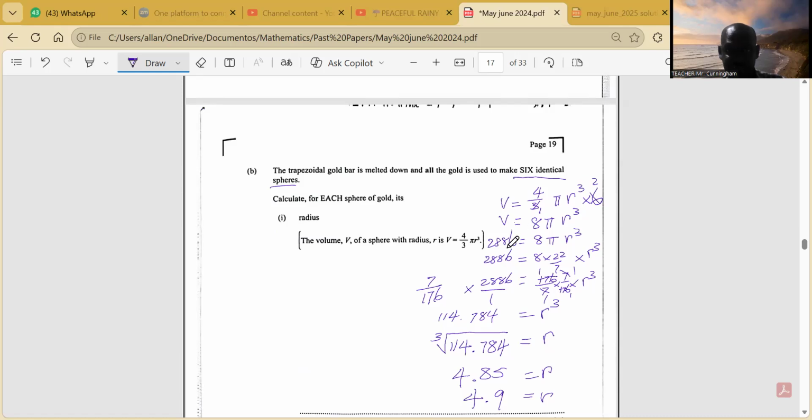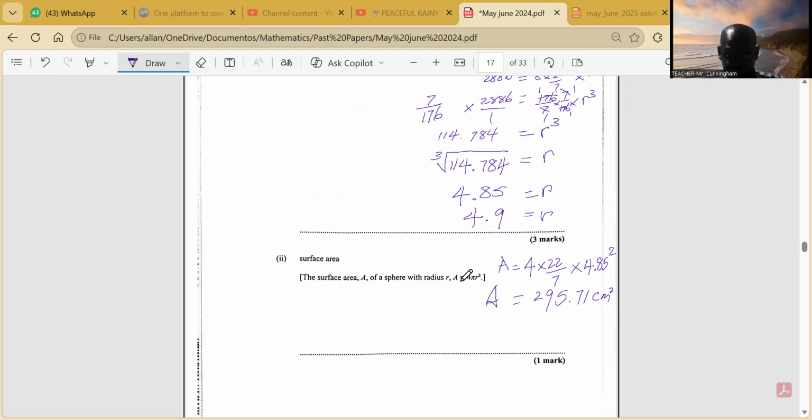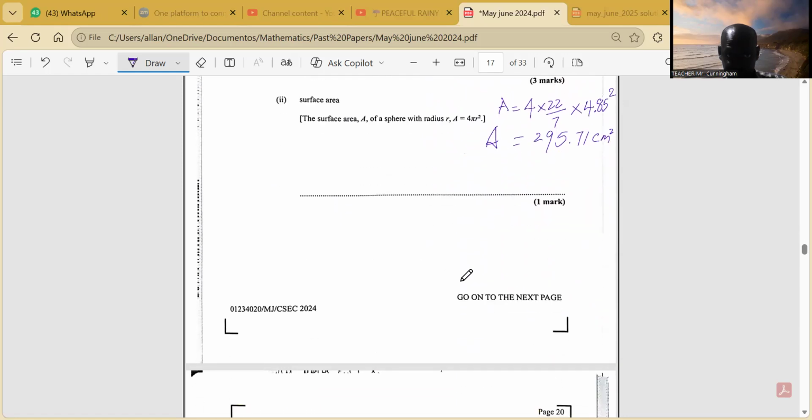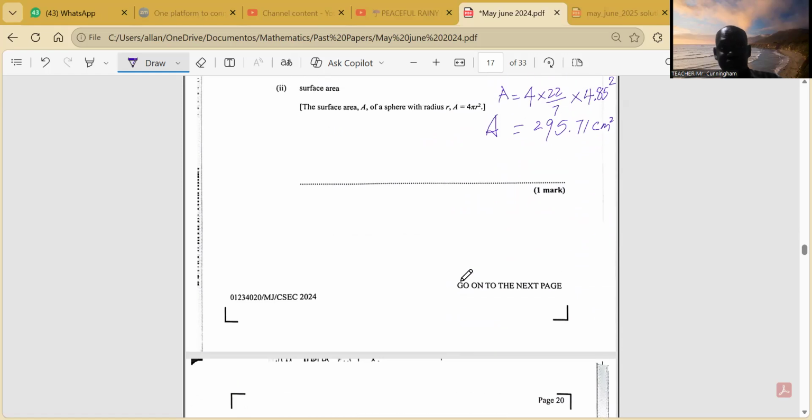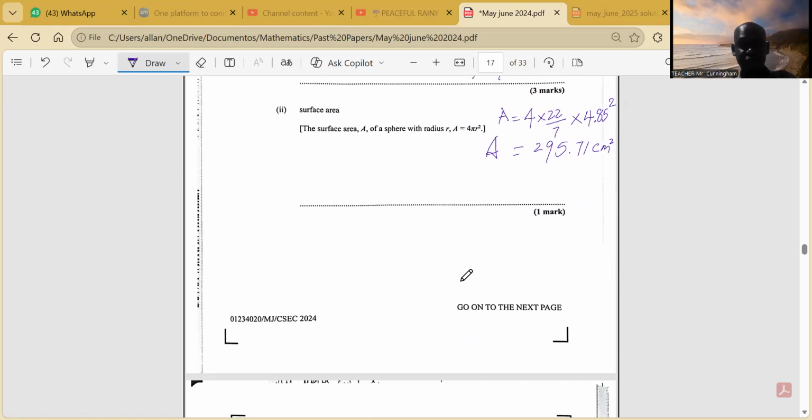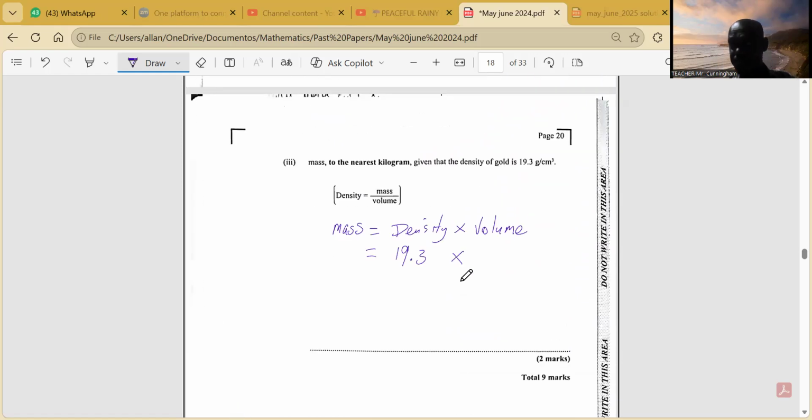We use the same volume, 2886. That's not the volume we use.